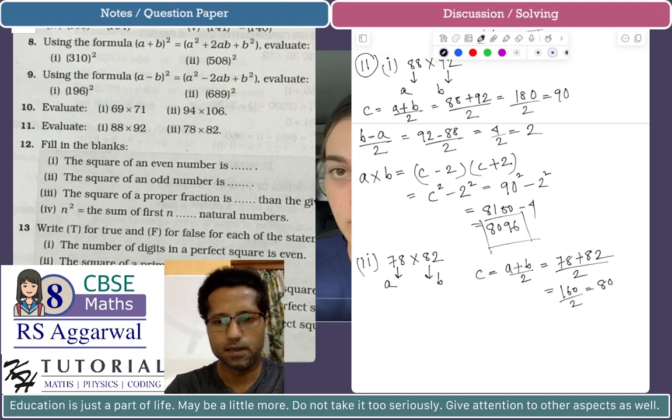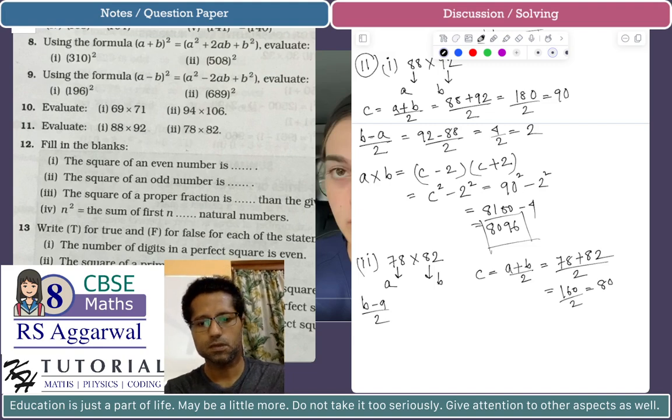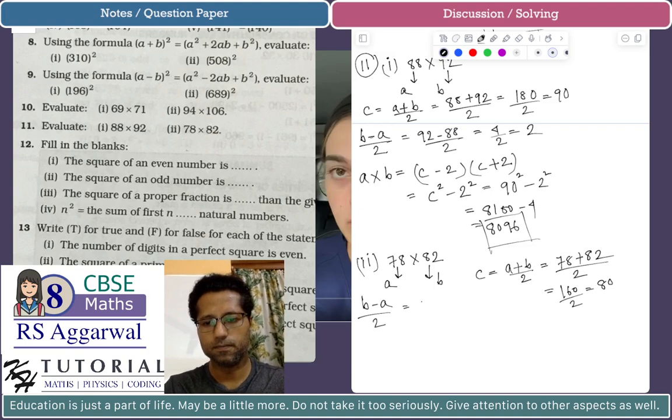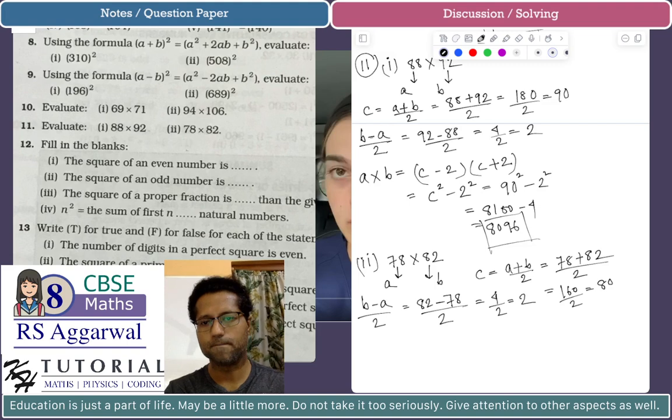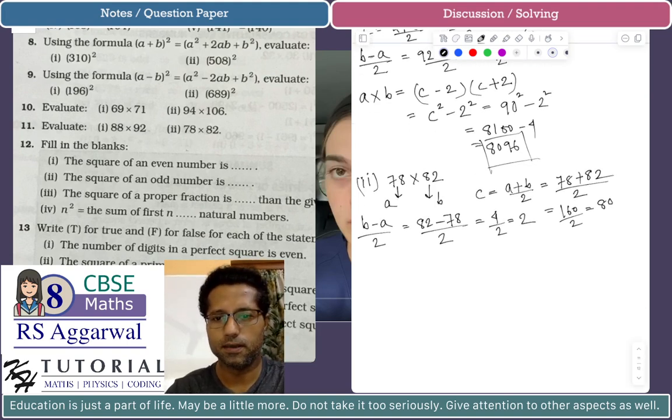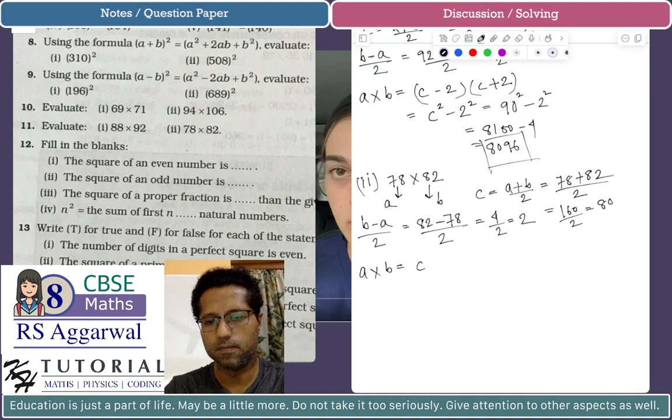So C is 80, and also you can find (B minus A) by 2. (B minus A) by 2 is equal to (82 minus 78) by 2. This is equal to 4 by 2 equals 2. So now A into B will be equal to (C minus 2) multiplied by (C plus 2).